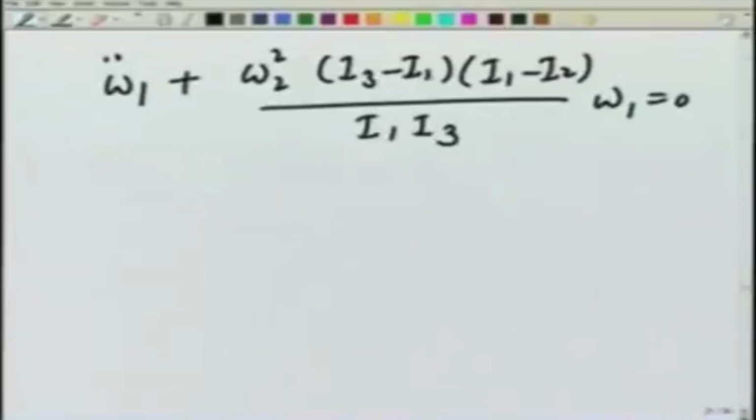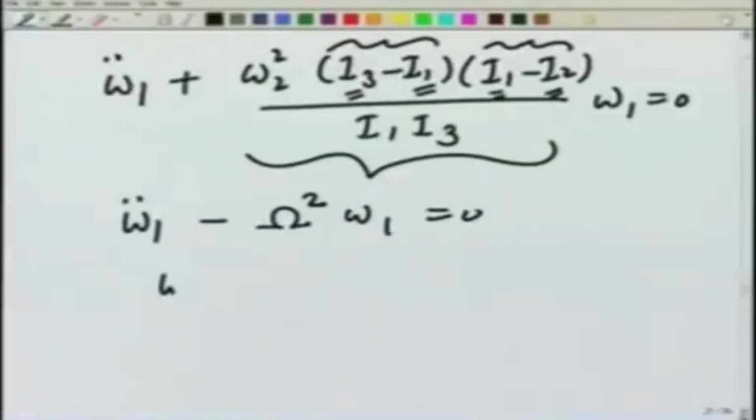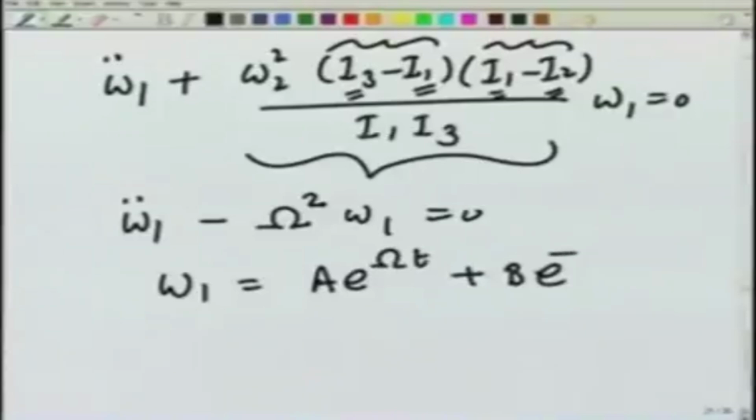Since I1 is the smallest and I3 is the largest, this number is positive, and since I1 is the smallest and I2 is intermediate, this number is negative, and therefore this entire quantity is negative. Let me write this as omega 1 double dot minus omega square omega 1 is equal to 0, and the solution for this is of the form A e raised to omega t plus B e raised to minus omega t.